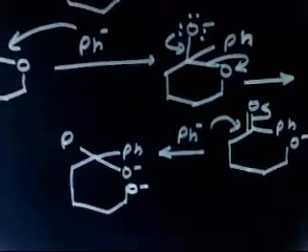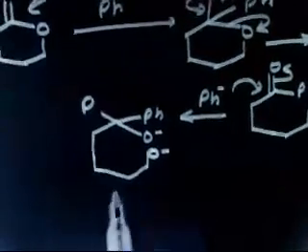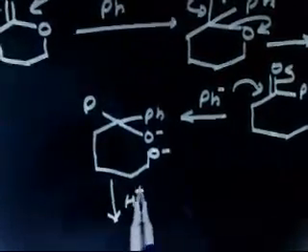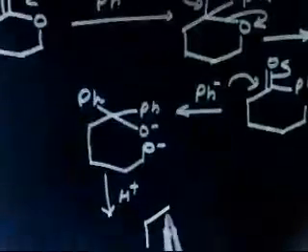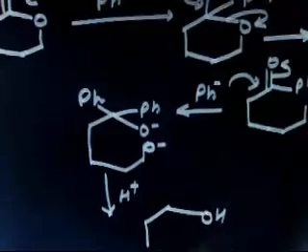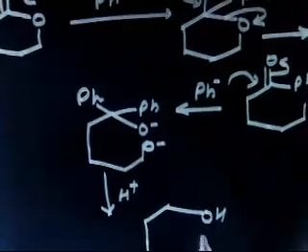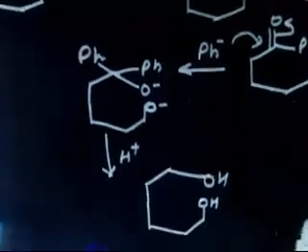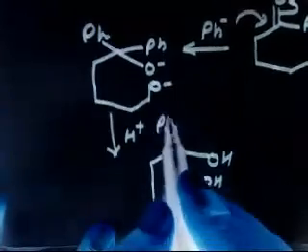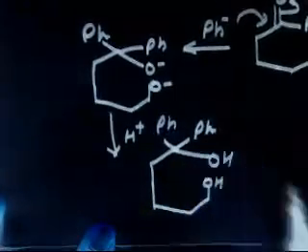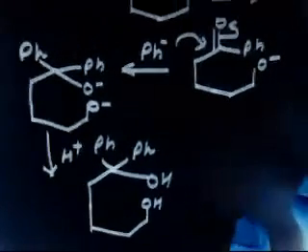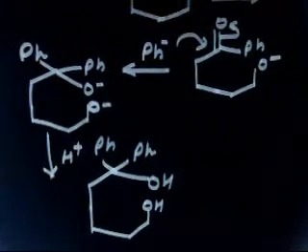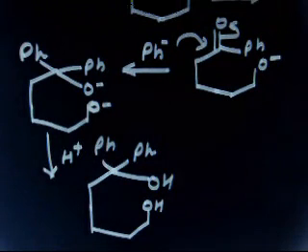Now in the next step, if you do hydrolysis, if you attack with H plus, you will get the desired product. So here you have Ph, OH, here also you have OH, and here you have 2 Ph groups. Are you getting? So this is quite an interesting one. So this is ester reacting with excess of Grignard reagent.